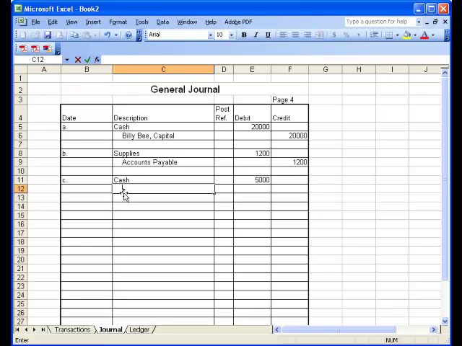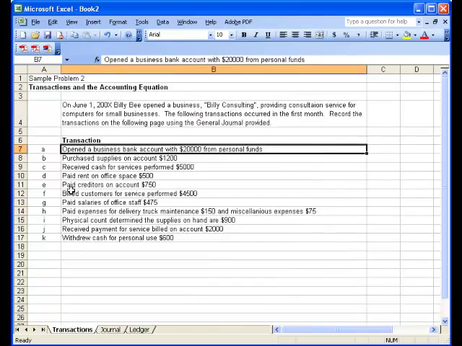And when we perform services, it's our revenue account that's going to be increased, fees earned, and from our rules, we know that revenue accounts are indeed increased with a credit entry. So we are going to get our fees earned account recorded here, go over to the credit column and record the $5,000, skip a row and go down, and our next transaction will be transaction D, and let's go see what that transaction is all about.